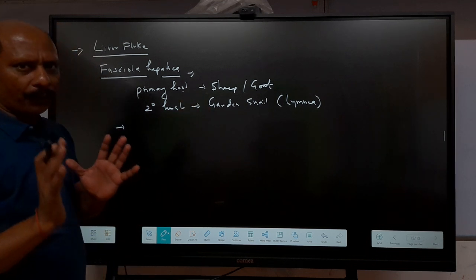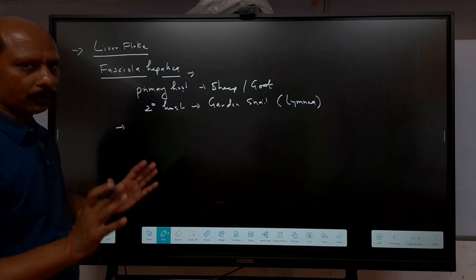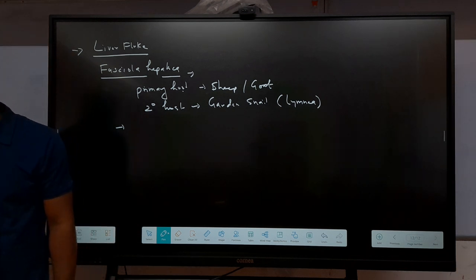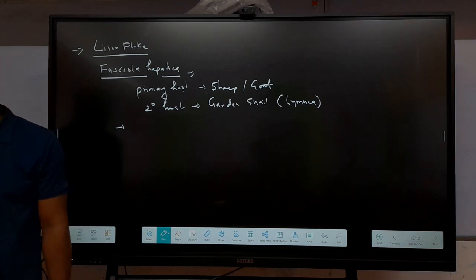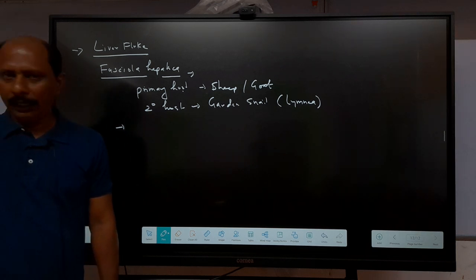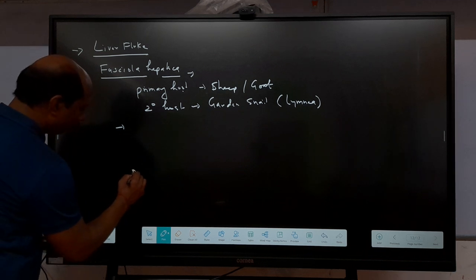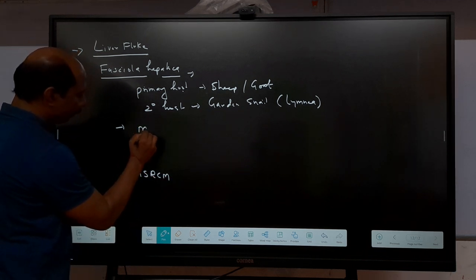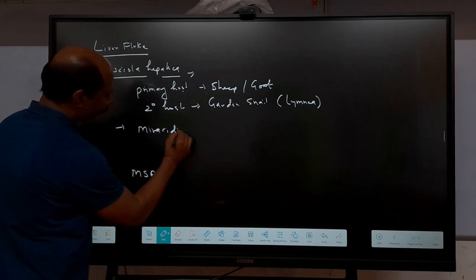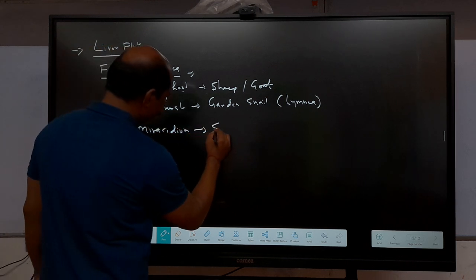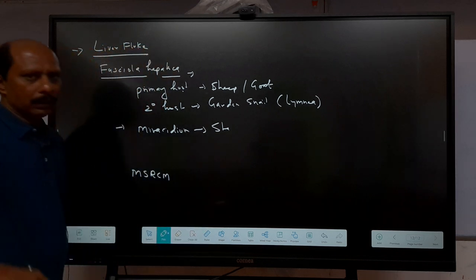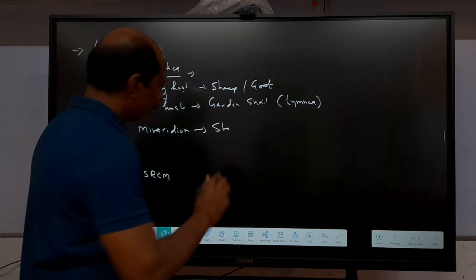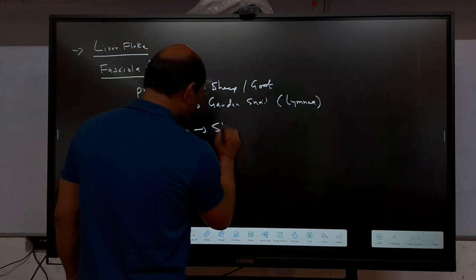We have 5 types of larval stages, because we are talking about the larva. The sequence is MSRCM. M means Miracidium, then S is for sporocyst, not statocyst, because statocyst is an organ.